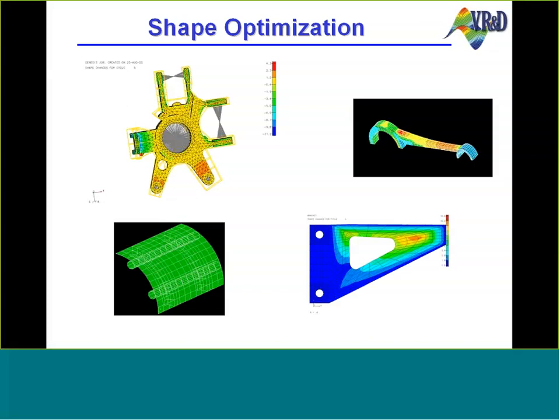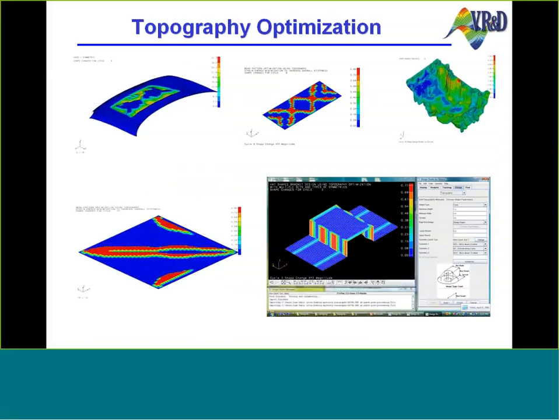The next type of optimization I want to consider is the topography optimization. Topography really can be thought of as a very special form of shape optimization, except all we're going to consider are moving grids normal to the surface of shells.